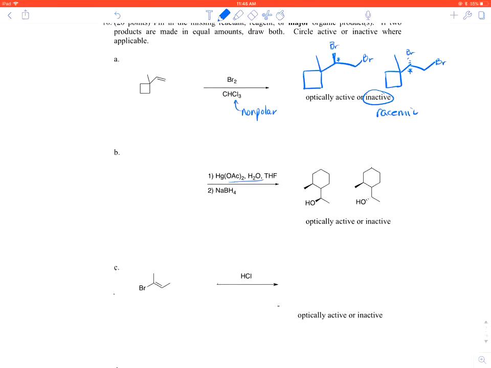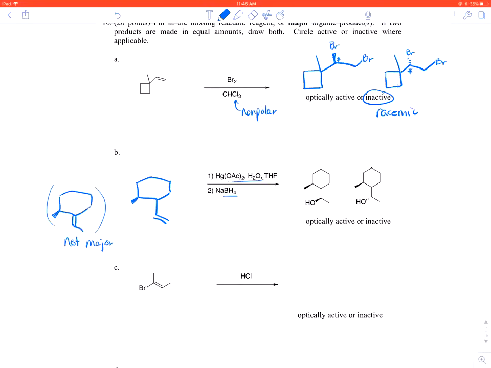Mercury acetate, water, and THF, followed by sodium borohydride. We know that has to be an alkene, right? Get your sheet out. This is a Markovnikov addition. So the best choice is going to be that terminal alkene. I would not award credit for this alkene because it would not result in the major product.